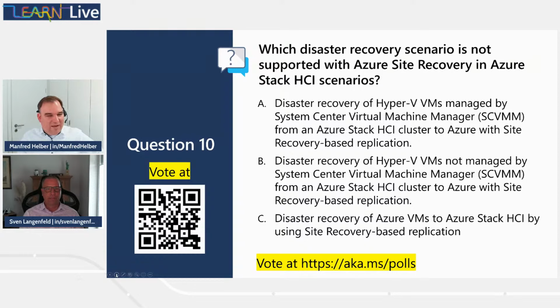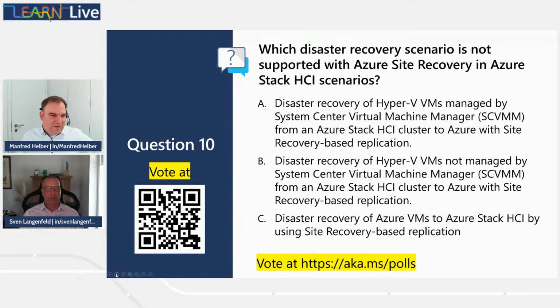Answer A is disaster recovery of Hyper-V VMs managed by System Center Virtual Machine Manager, or in B, not managed by System Center Virtual Machine Manager, from an Azure Stack HCI cluster to Azure with Site Recovery based replication, or C is disaster recovery of Azure VMs to Azure Stack HCI by using Site Recovery based replication.